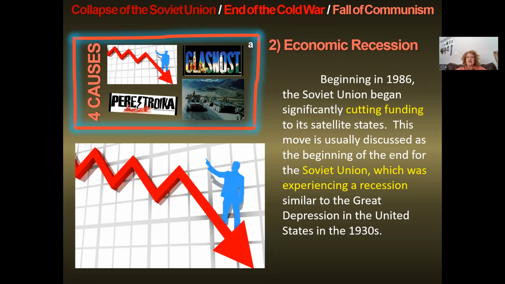So in 1986, we've moved ahead to the Reagan presidency by now, but I'm going to go back and touch on this because this one is not all inclusive for me, and I do want to hit some other things. Beginning in 1986, the Soviet Union began to cut funding to what's referred to as the satellite states.